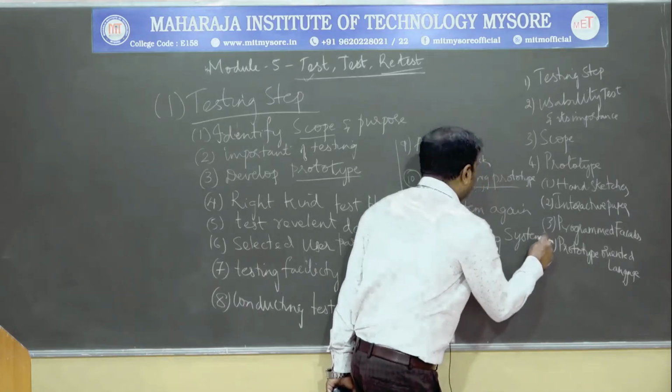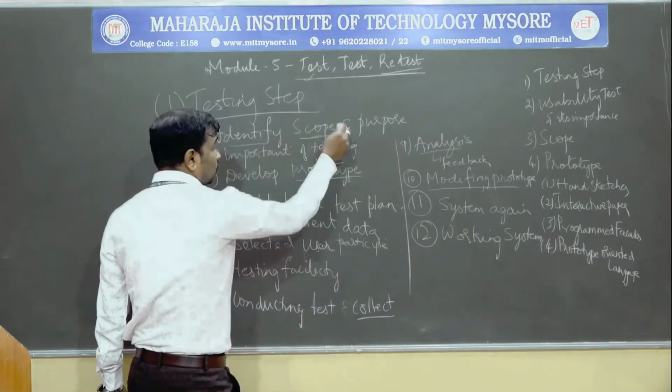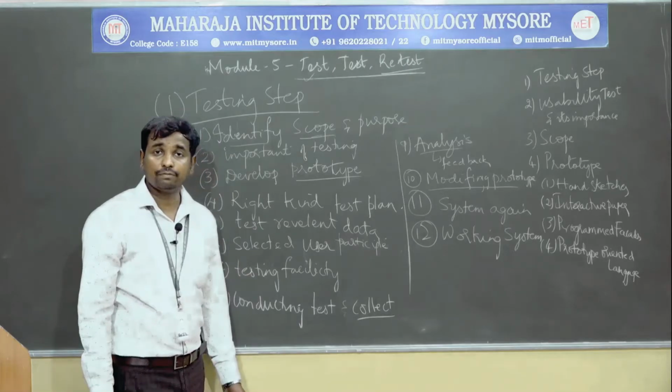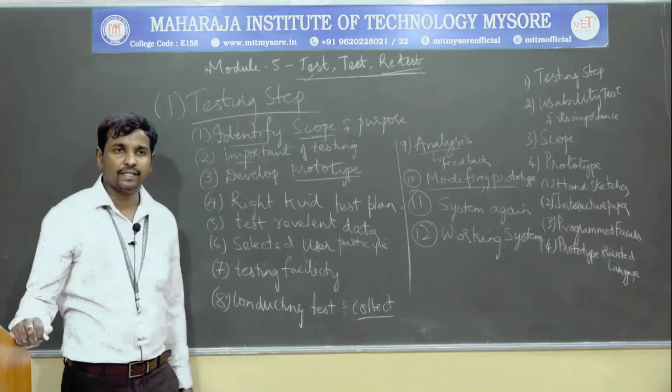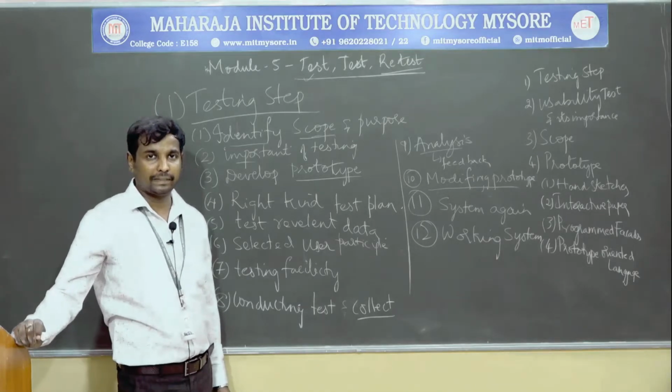We started with identifying the scope of the testing as well as the purpose, and then we identify the importance, whether the testing is required for that purpose or not.